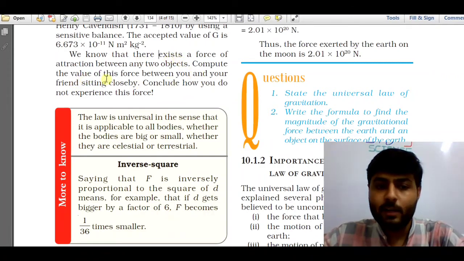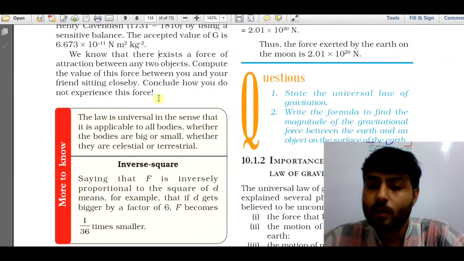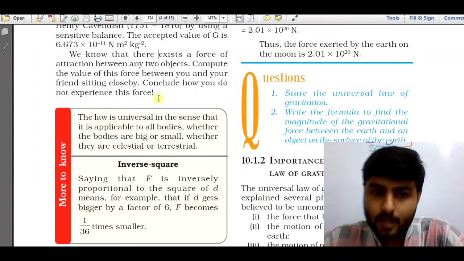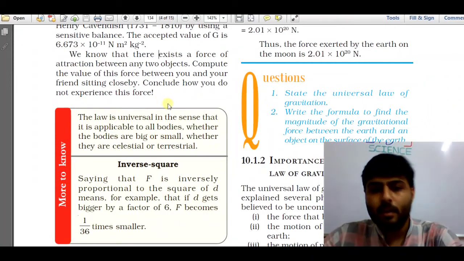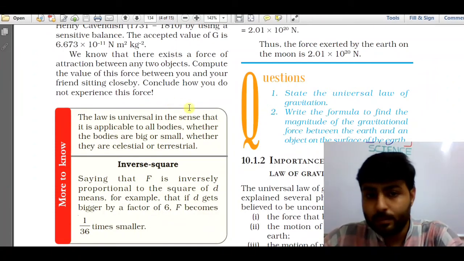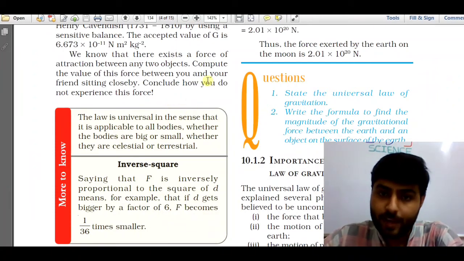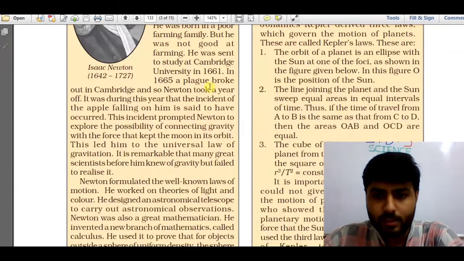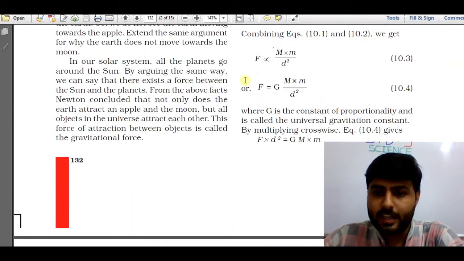Compute the value of this force between you and your friend sitting close by. Now what do we have to do? We have to put values in this equation, equation number 10.4.